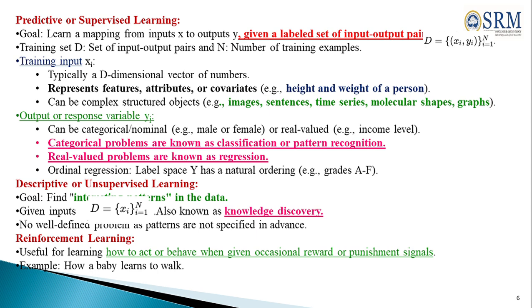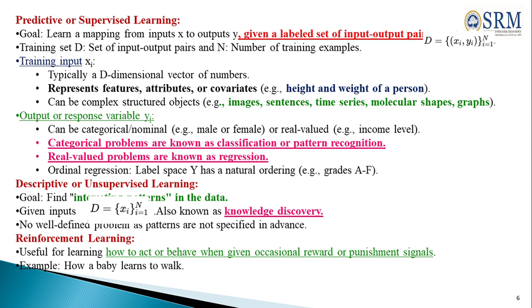Now we will move on to your output, which is called the response variable y. In output there can be two types. Either my output can be categorical, for example, finding out the number of males or females in a particular locality where an election is going to be held.